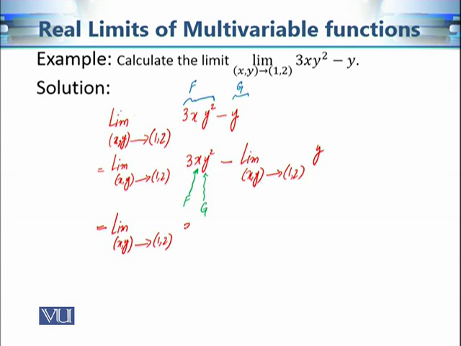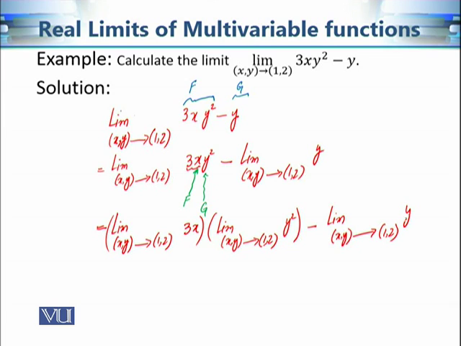This is equal to 3x, so let's say this is our first function f, which is 3x, multiplied with the limit as (x,y) approaches (1,2) of the function y squared, minus the limit as (x,y) approaches (1,2) of this function y. Now once again, this 3 is a constant, so when (x,y) approaches (1,2), the limit of x, we have observed, is just x0, and x0 in this case is 1.